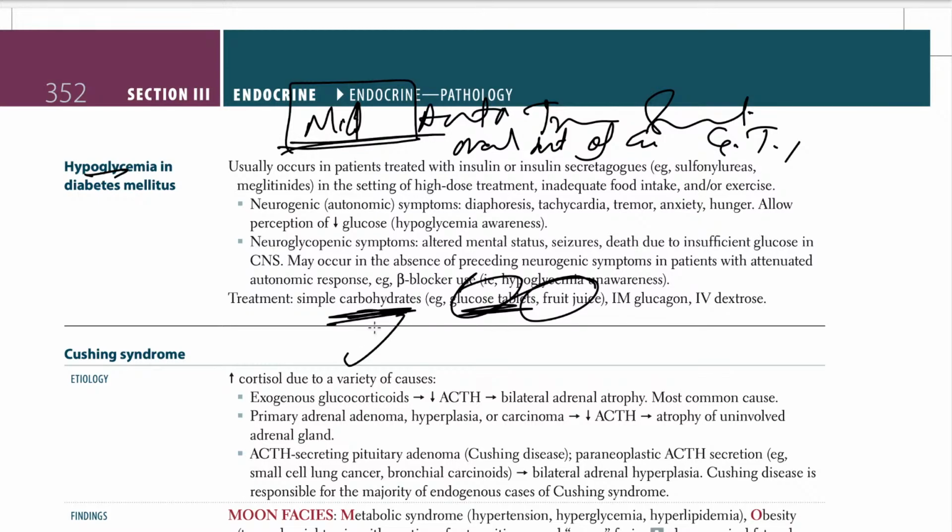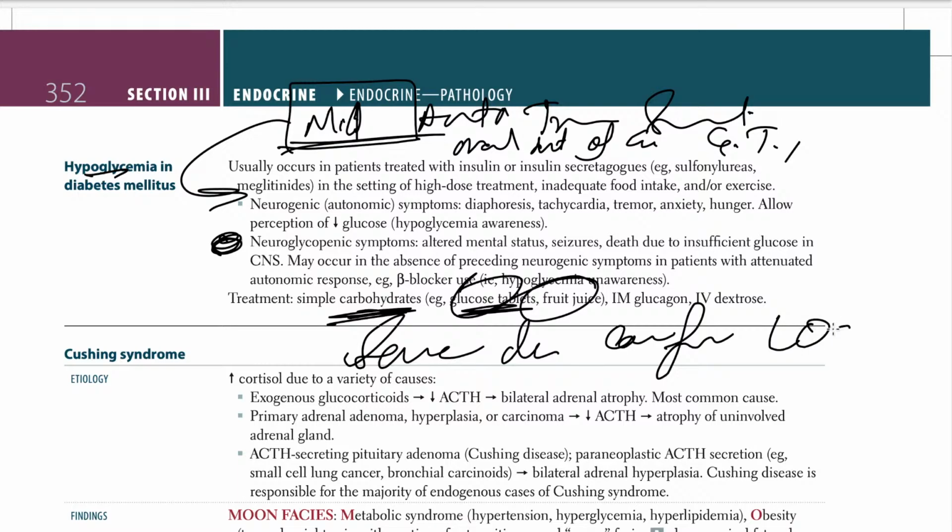Then there's something called severe hypoglycemia, and the mild was here. Severe hypoglycemia causes confusion, loss of consciousness, eventually seizures and then death. The severe one is treated in two ways.